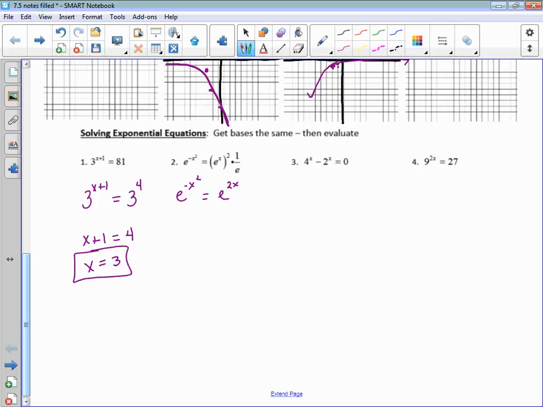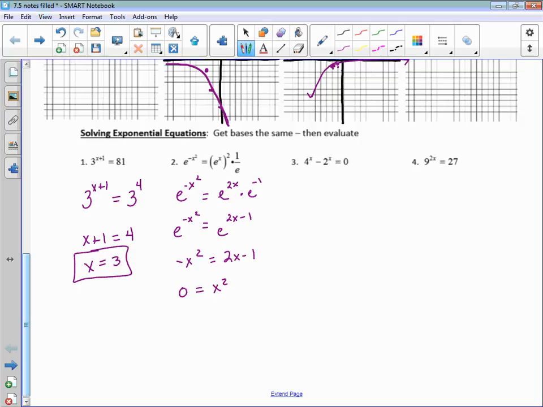And then 1 over e, do you guys see how that's e to the -1? Yes? Okay. When I'm multiplying and I have the same base, what can I do with my exponents? Add them. So I now have e to the -x² equals e to the 2x minus 1. With me there? So -x² equals 2x minus 1.